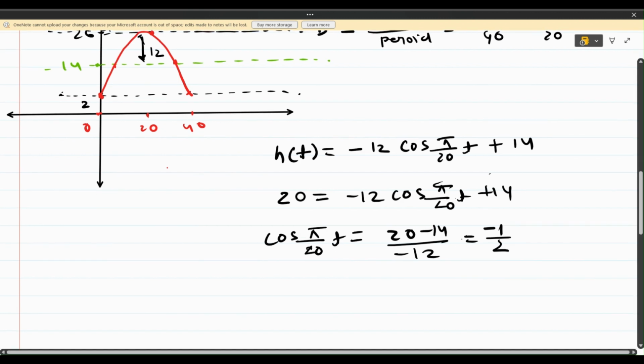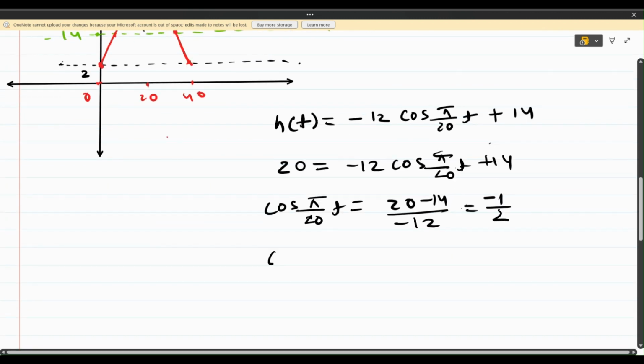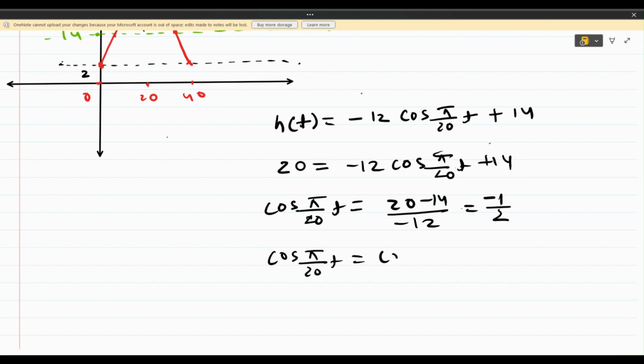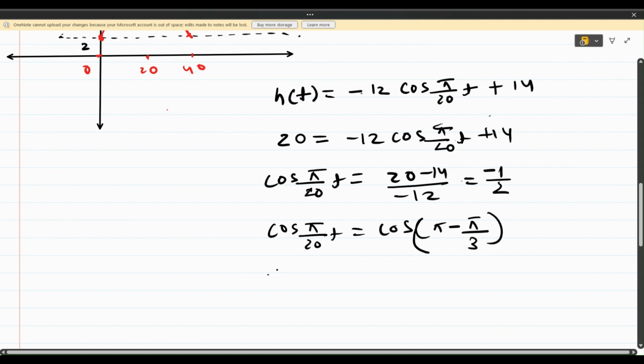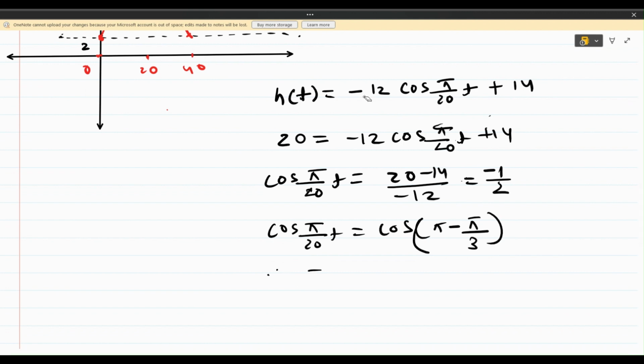And cos is negative in the second quadrant, so we can write this as cos of pi minus pi over 3.